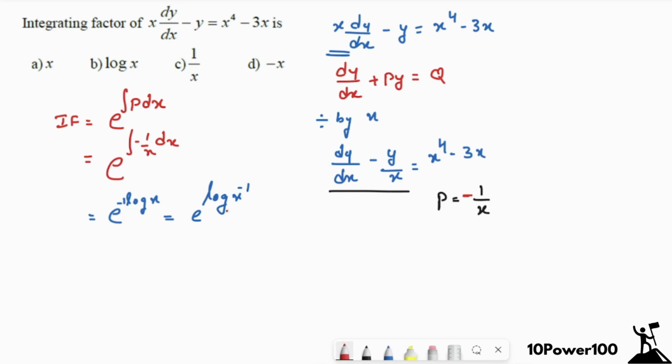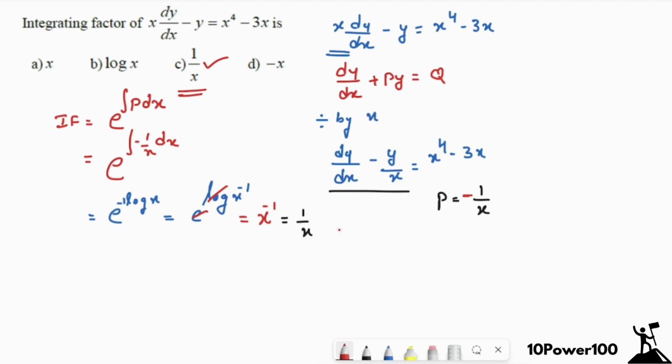Now we can cancel this log and this e. So what is the final answer? It is x power minus 1, which can also be written as 1 by x. So we can conclude option C, 1 by x, is the answer.